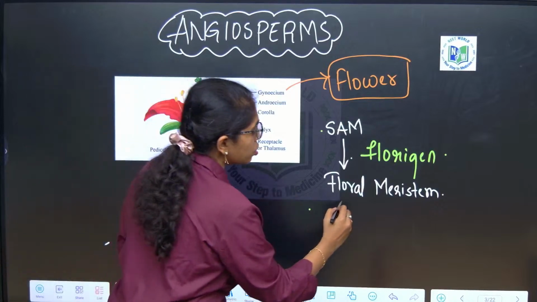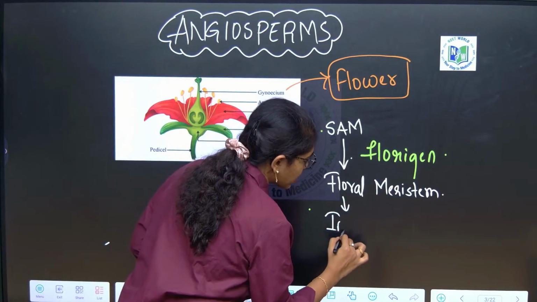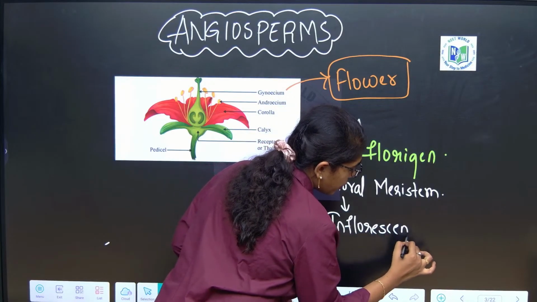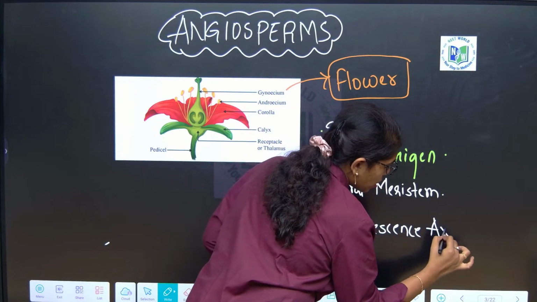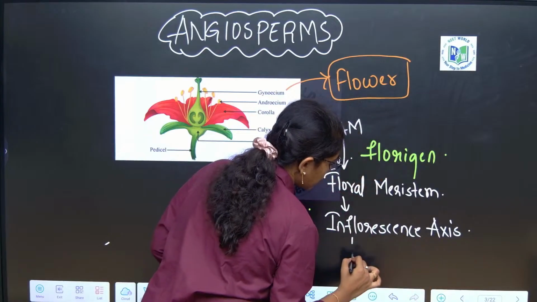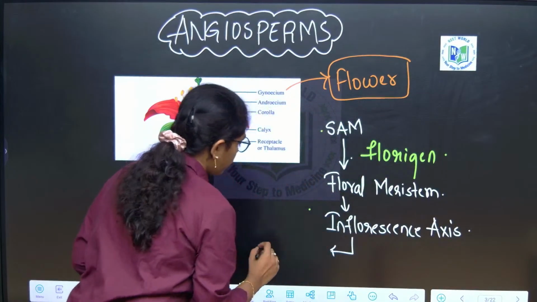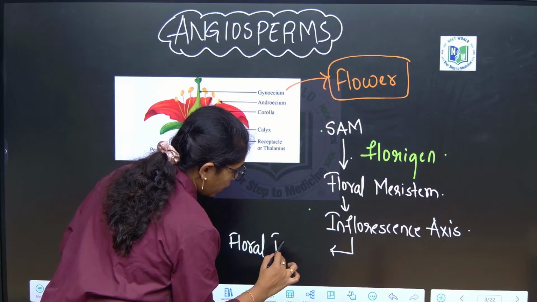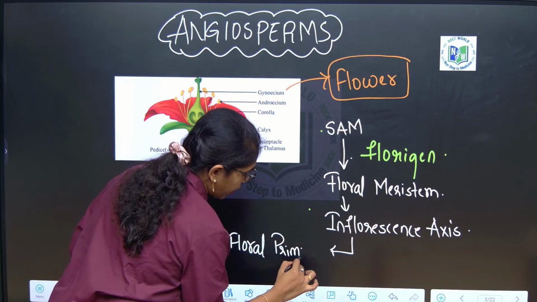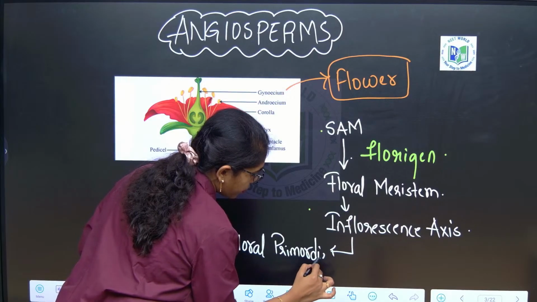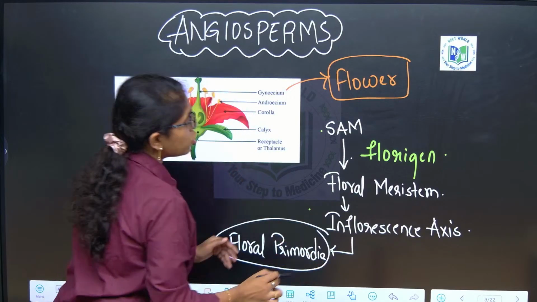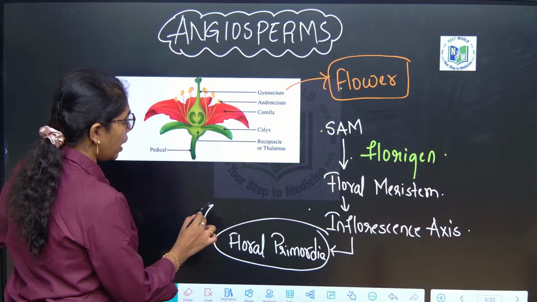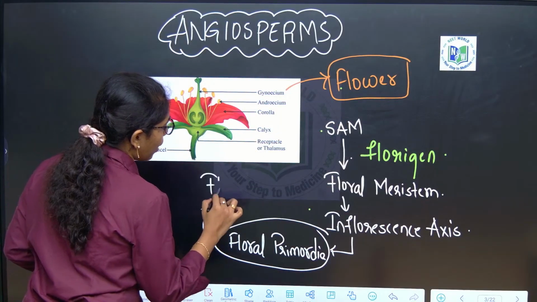Then this turns to an inflorescence axis, and then this gives rise to floral primordia, from which a mature flower is formed.